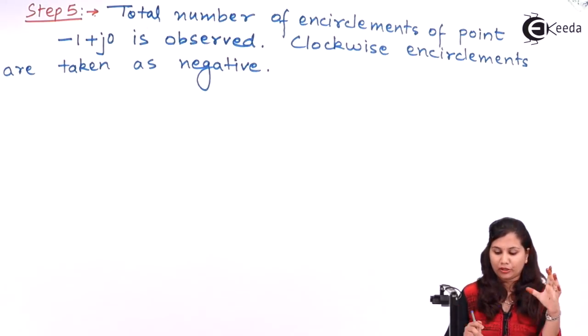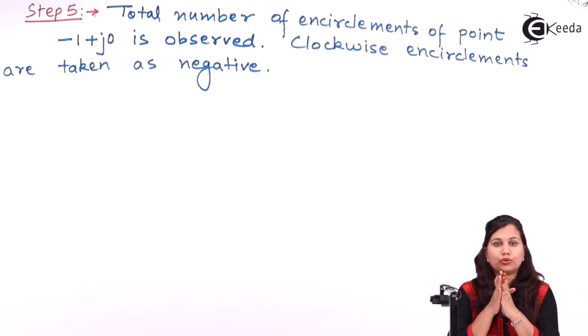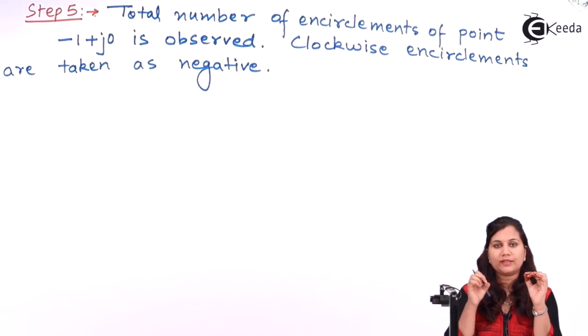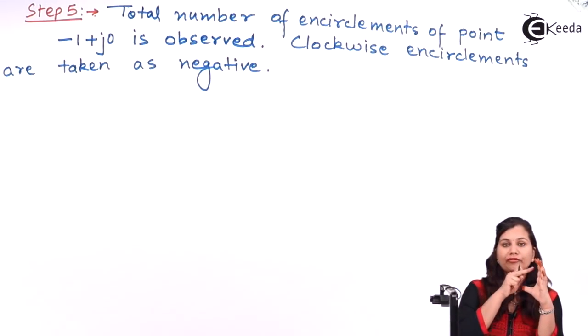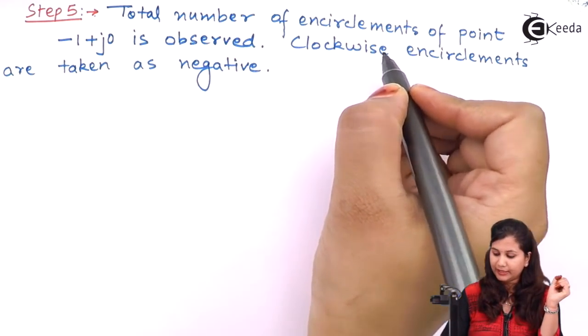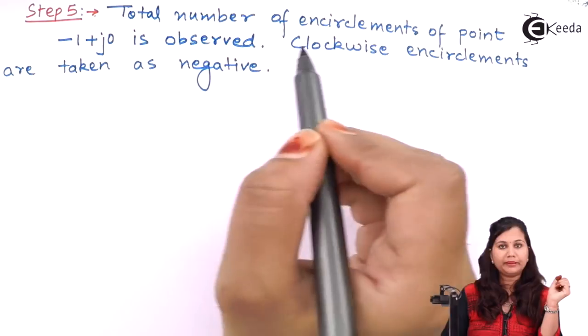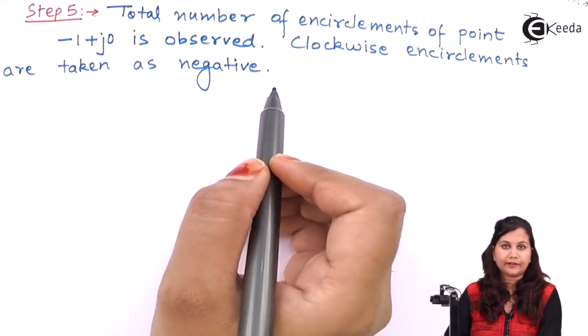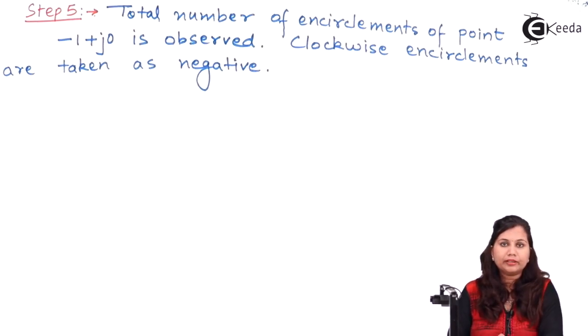Because our step number 3 is to draw the polar plot, if the point minus 1 plus j0 is lying inside the polar plot, then the number of encirclements of this point is calculated, and if the encirclement is in the clockwise direction, then it is taken as negative. So it is our step number 5.